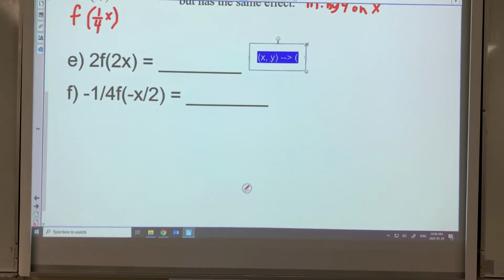So for this first one, what's happening to an xy point? What happens to x first of all? We're going to multiply by or divide by 2. Yeah, you can divide by 2, which is the same thing as multiplying by 1/2. So I'm just going to put 0.5x. And what happens to the y value?